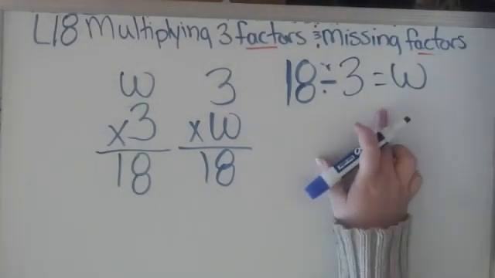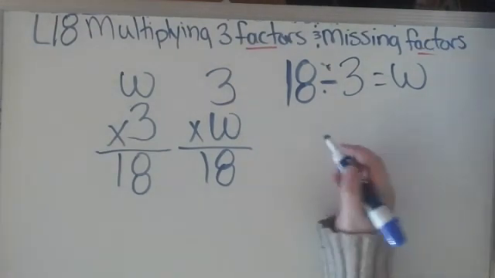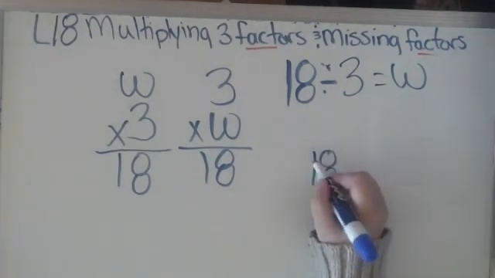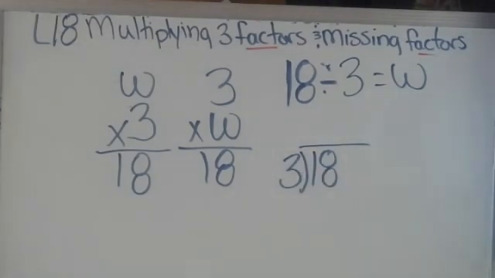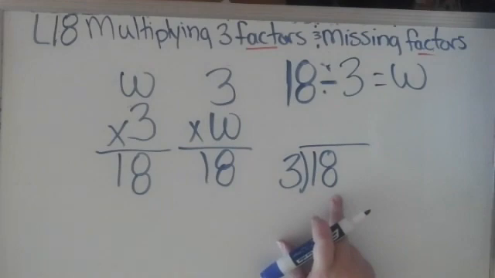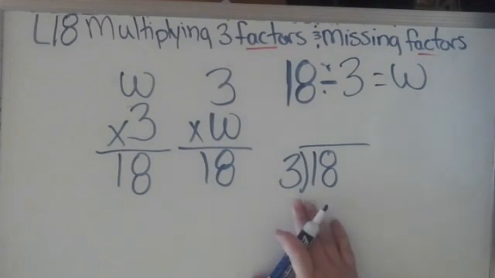So this is what I'm going to do. 18 divided by 3 equals W. So let's do 18 divided by 3. Now I can use my multiplications chart here and find out what times 3 equals 18 is a really good thing to do. If you know your multiplications tables, you can do this on your own.